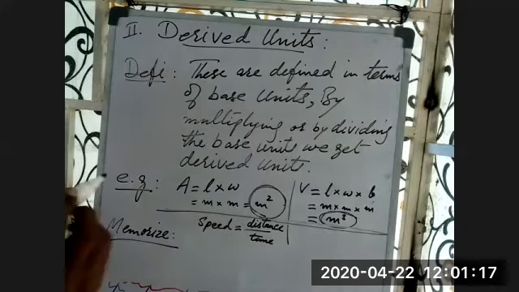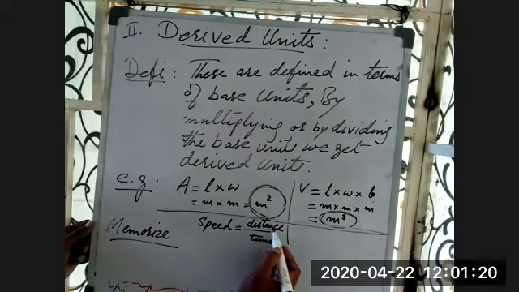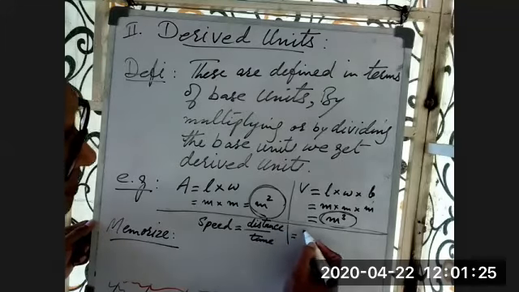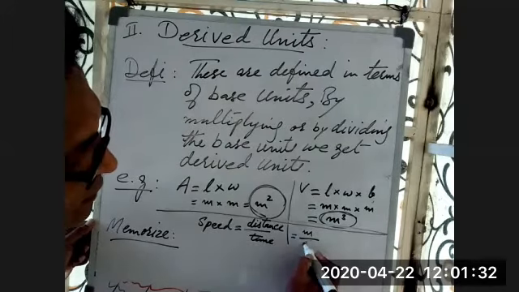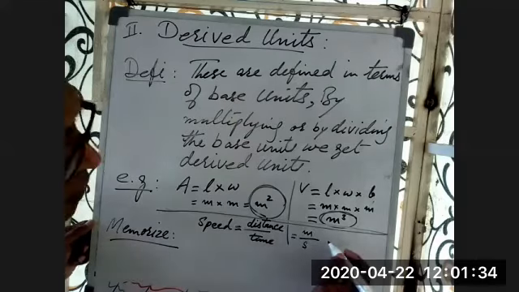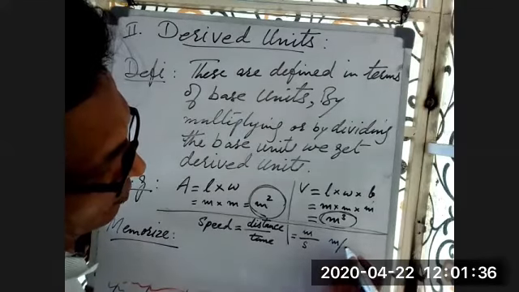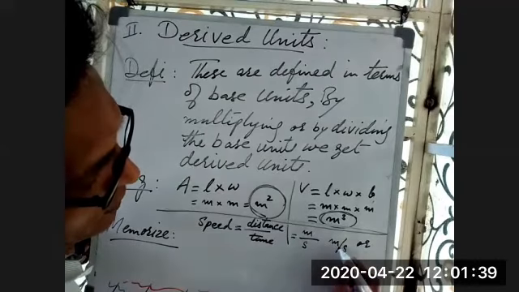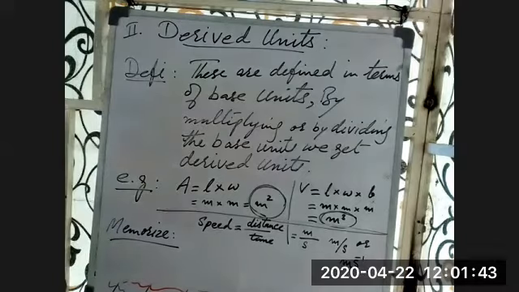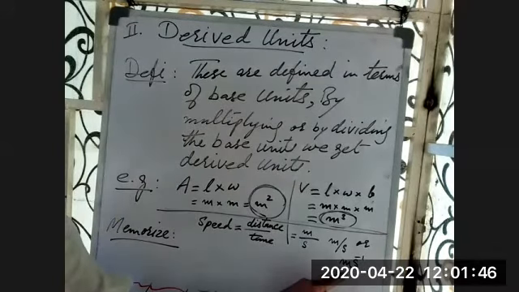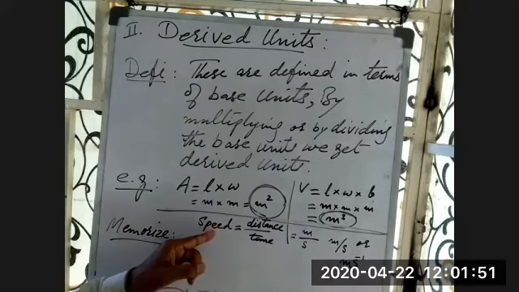Here distance is a base quantity and its unit is meter. Time is a base quantity and its basic unit is second. So we got meter per second, which we write as m/s. So meter per second is the derived unit of the derived quantity, speed.